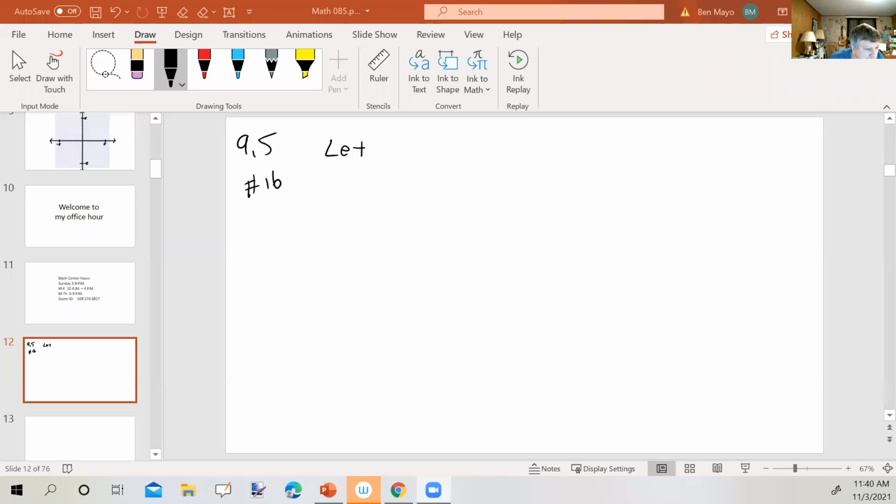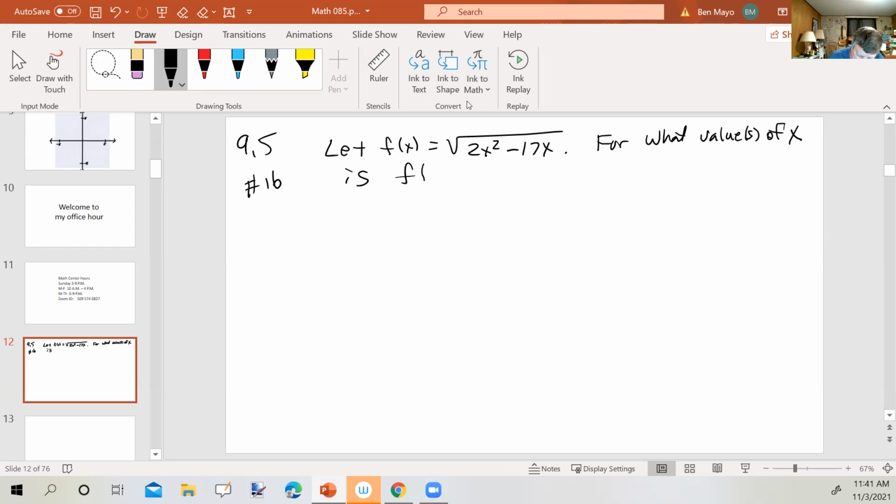Let f of x equal the square root of 2x squared minus 17x. For what value or values of x is f of x equal to 3?